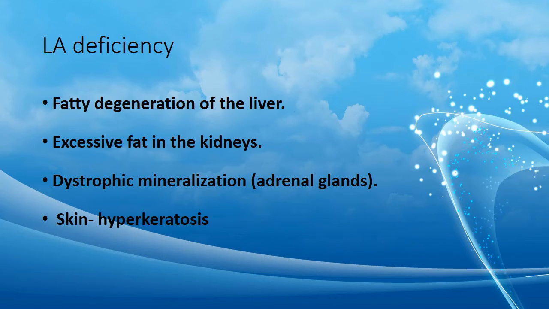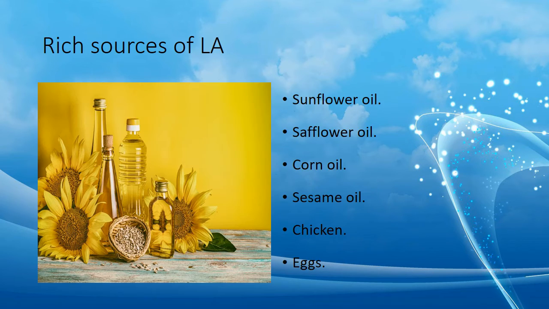Linoleic acid deficiency in cats may lead to fatty degeneration of the liver, excessive fat in the kidneys, dystrophic mineralization, especially in adrenal glands, and skin hyperkeratosis. Rich sources of linoleic acid are sunflower oil, safflower oil, corn oil, sesame oil, chicken and eggs.